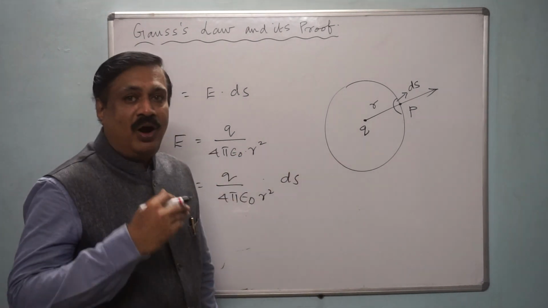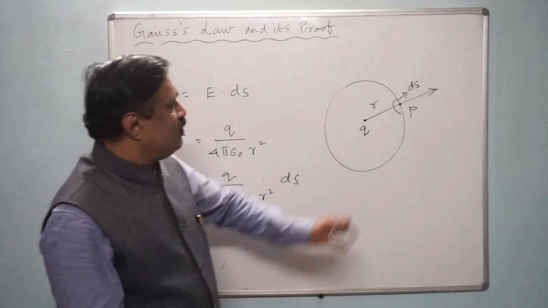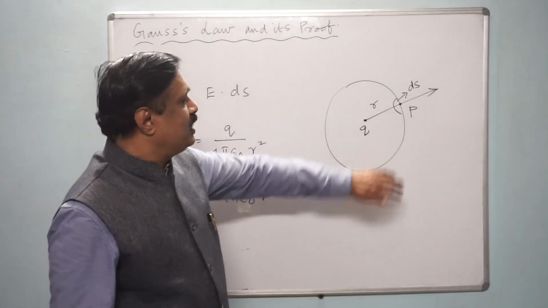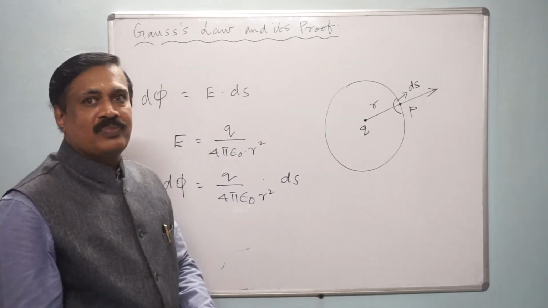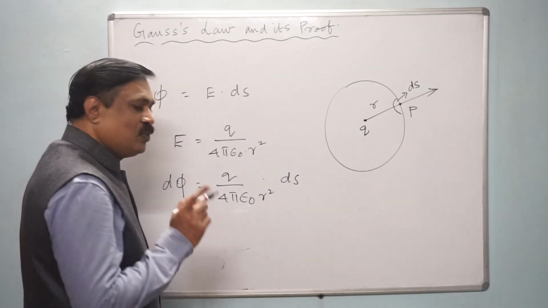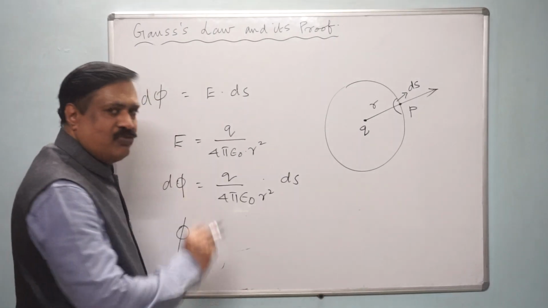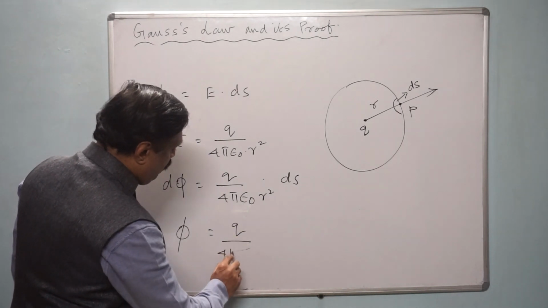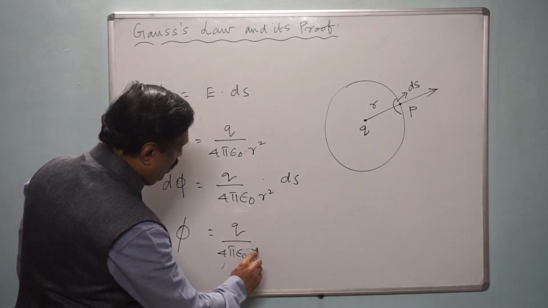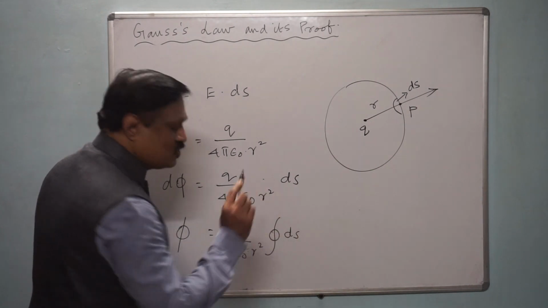But we want the electric flux for the entire area. This is for the small area ds. For the entire sphere you have to take the total area, you have to integrate. So phi equals q by 4 pi epsilon 0 r squared, surface integral of ds.